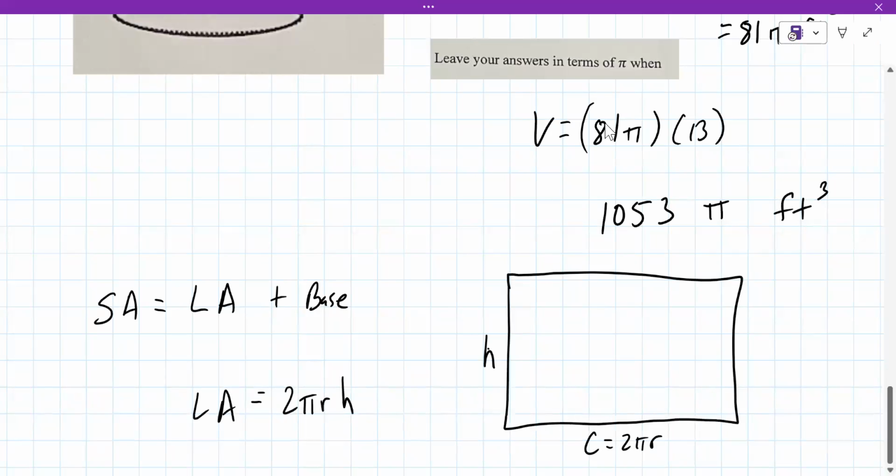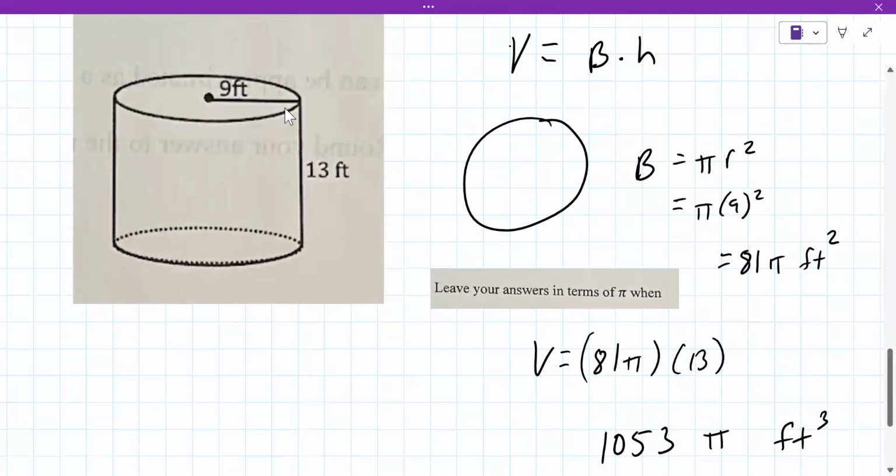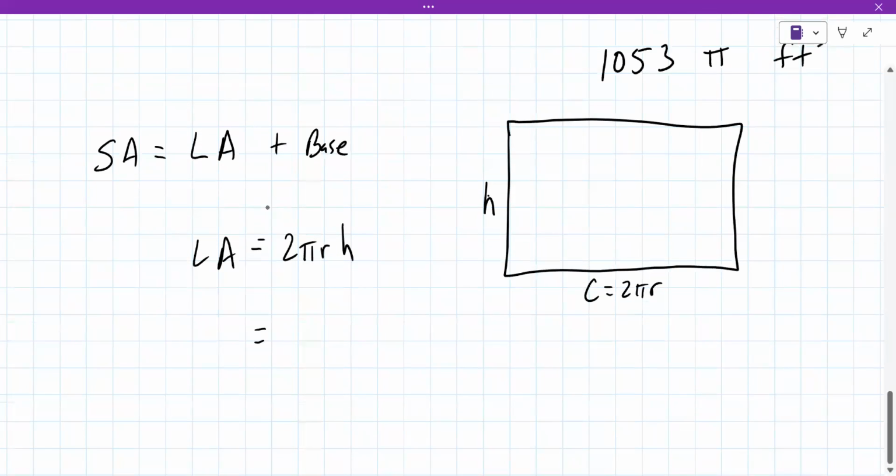So in your problem, do you know the radius of the cylinder? Yeah, 9. And what's the height? The height is 13. So 2 pi times 9 times 13.